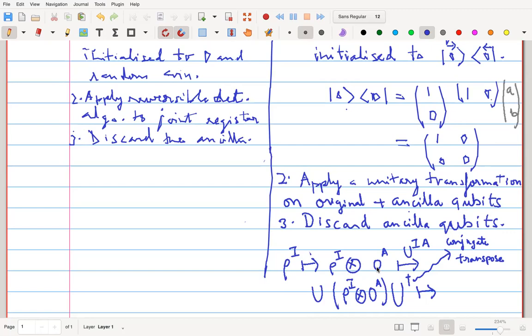Maybe the quickest way to see it: first of all, positive semi-definite matrices are Hermitian. So first check that the tensor product of two Hermitian matrices is Hermitian. This you can easily check from the definition of Hermiticity. So you can be sure that this is a Hermitian matrix.